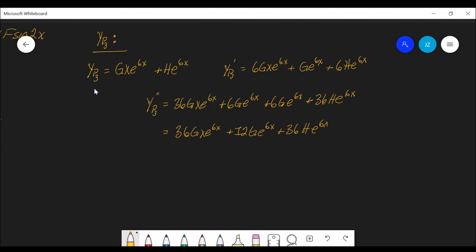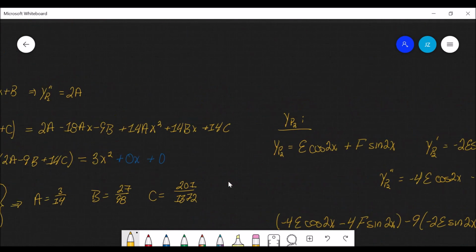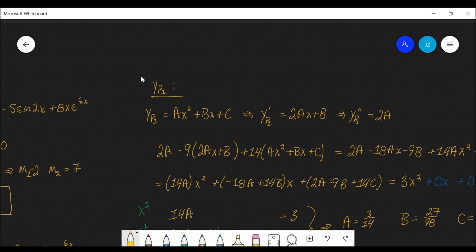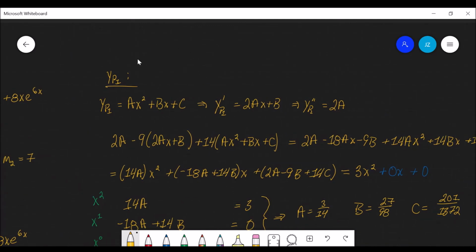We once again plug these values into the differential equation. Except now it's only going to be equal to this 8xe to the 6x.